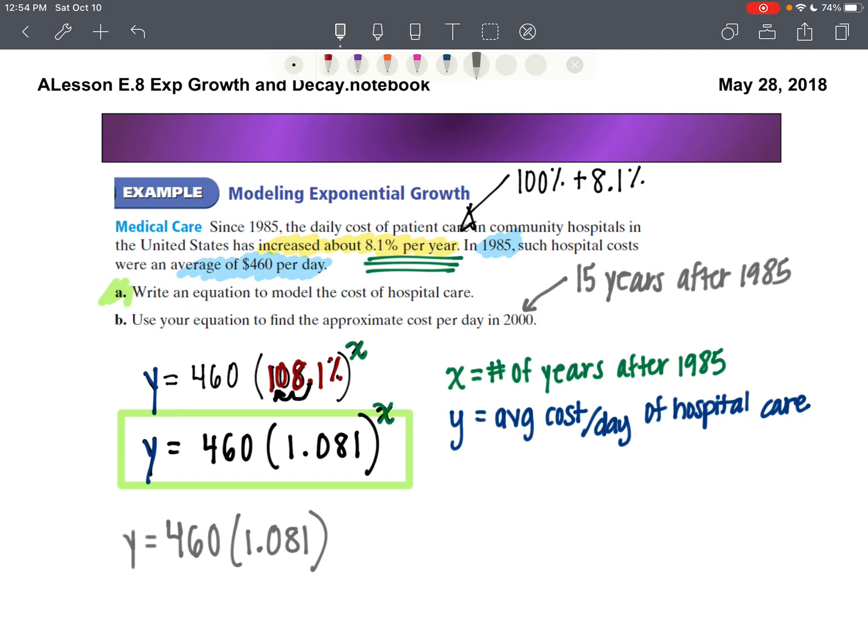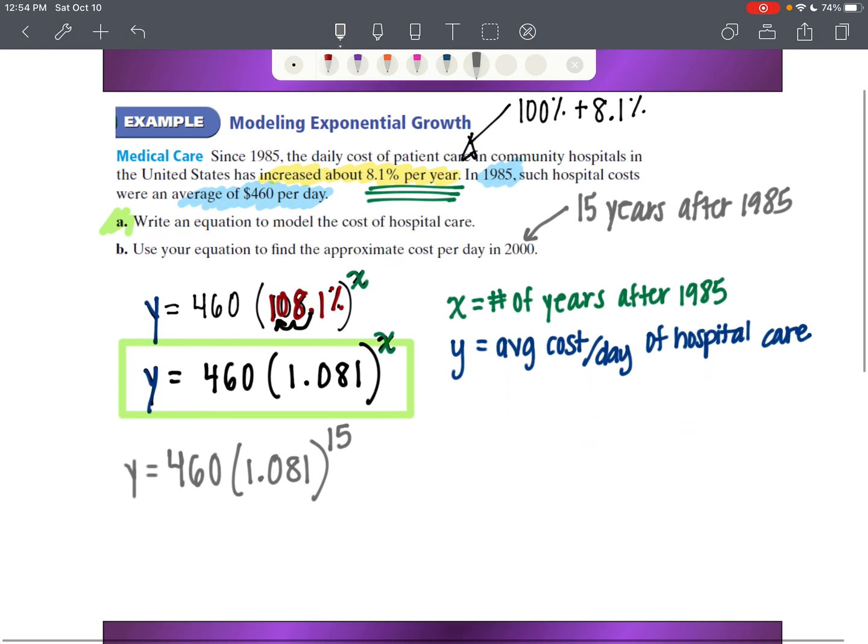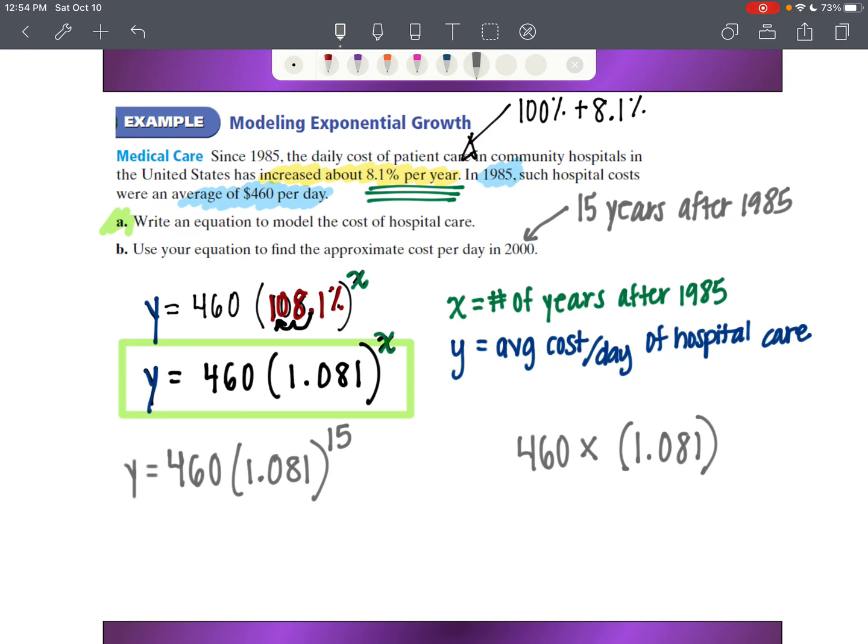So x is going to equal 15. Now we're going to put this into our calculator very carefully. So you can hit 460, and then you can hit your multiplication button, then in parentheses 1.081, end parentheses, upper caret 15.